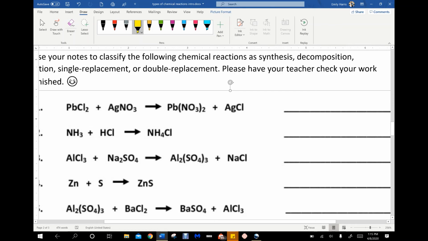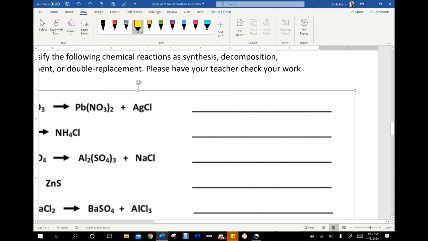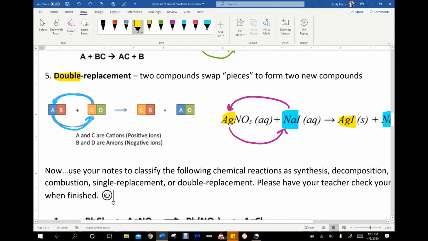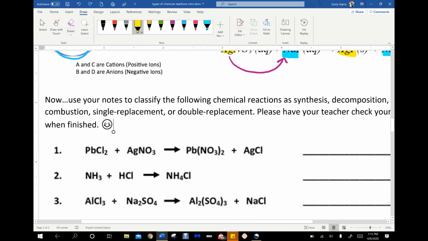So here we have number 1, and we have PbCl2 plus silver nitrate yields lead 2 nitrate plus silver chloride. All right. So first of all, what we want to analyze is what types of substances we have. It looks like we have two compounds that are making two new compounds.